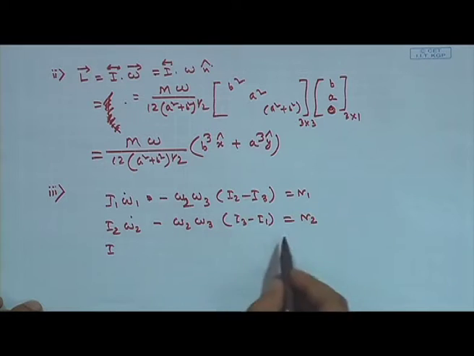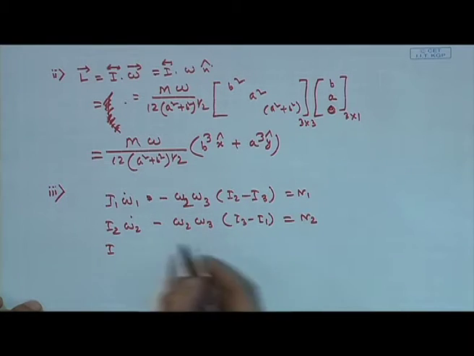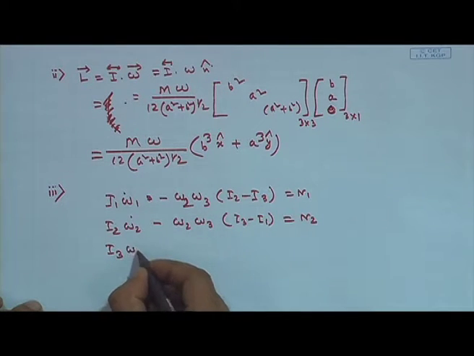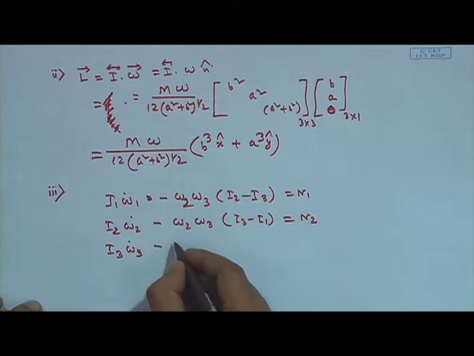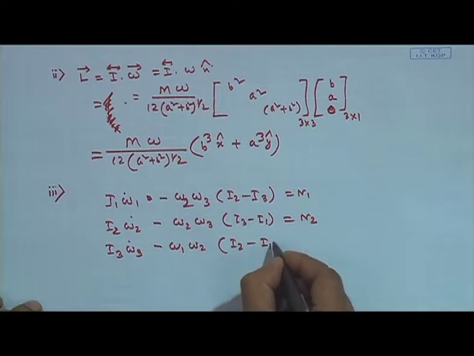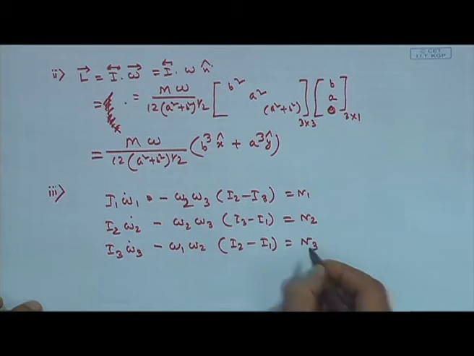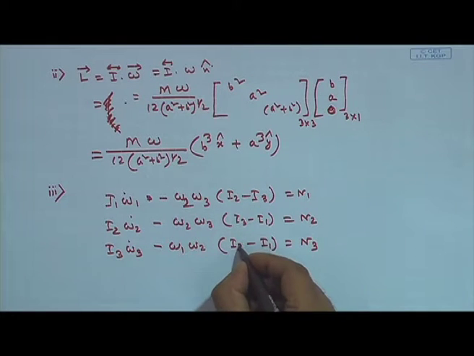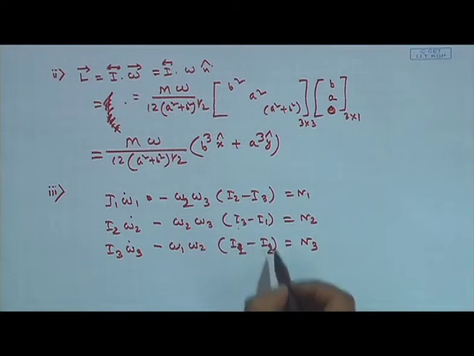Well, there could be some sign problem, you can check that out. Omega 1 omega 2 (I2 minus I1) equal to N3. Sorry, it will be I1 minus I2, not I2 minus I1.